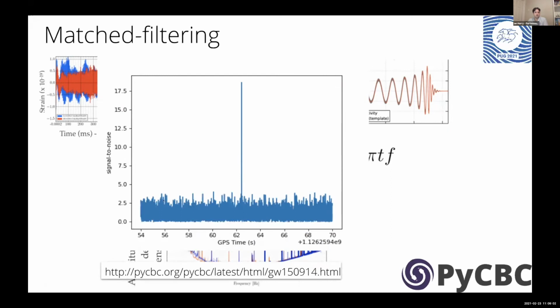And Gaussian noise should look somewhere like this in the small region. And if you get something that's a genuine gravitational wave signal in here, you should get a large spike.